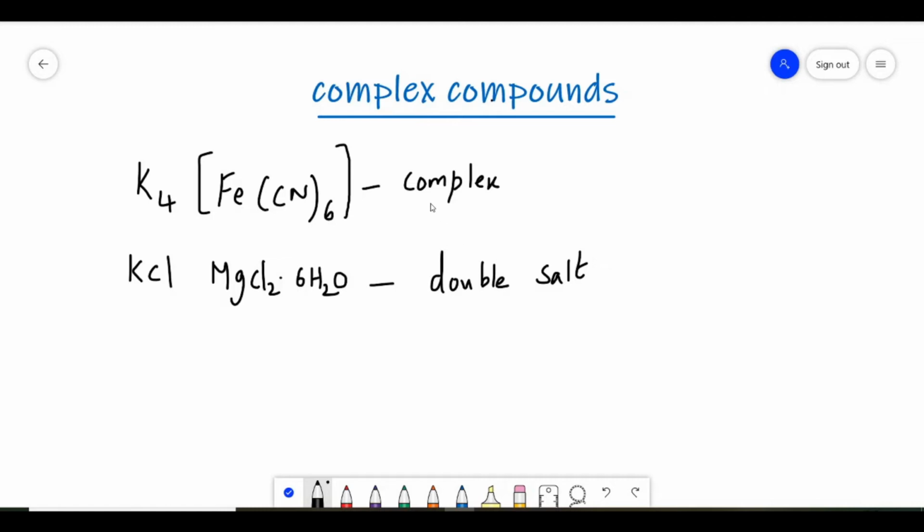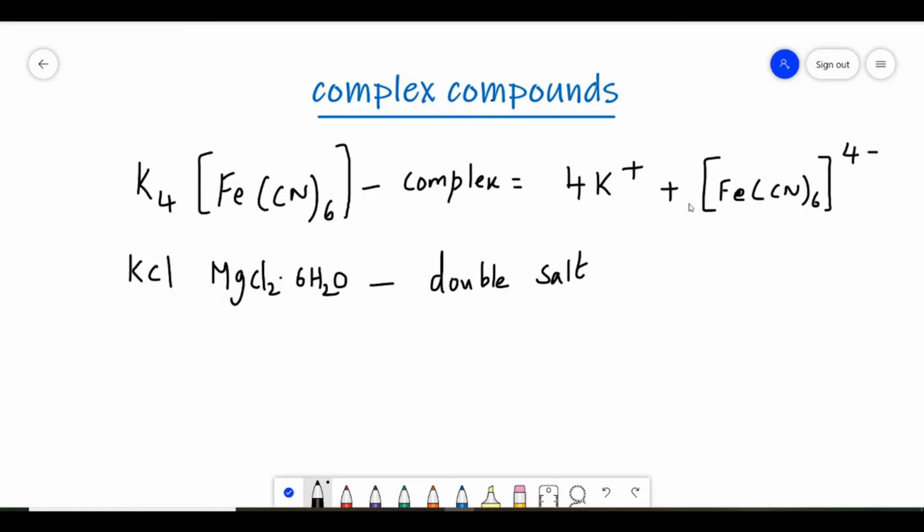So what is the main difference between this complex and double salt? When we dissolve this in any solvent, this complex will be ionized to 4K+, and the complex [Fe(CN)6]4-.